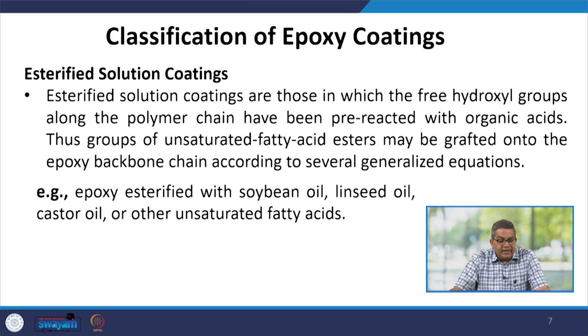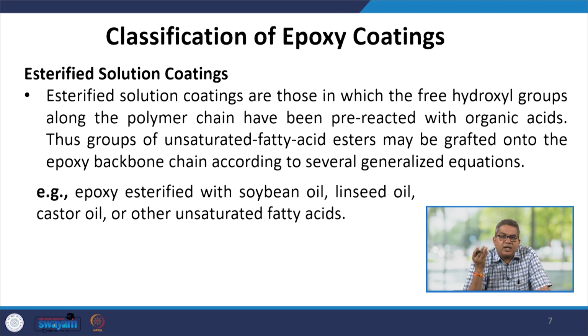Another form is the esterified solution coating. Esterified solution coatings are those in which the free hydroxyl groups along the polymer chain have been pre-reacted with organic acids. This group of unsaturated fatty acid esters may be grafted onto the epoxy backbone chain as per several generalized equations.